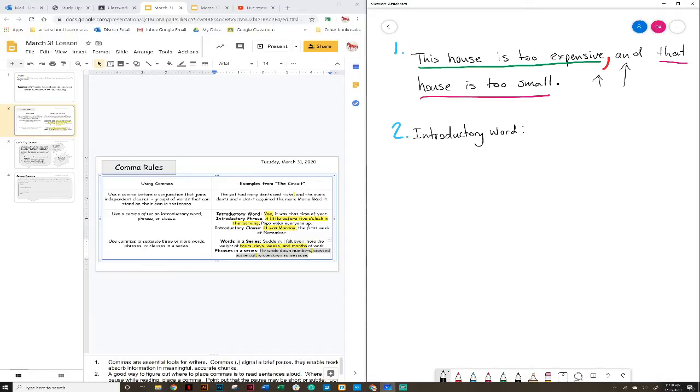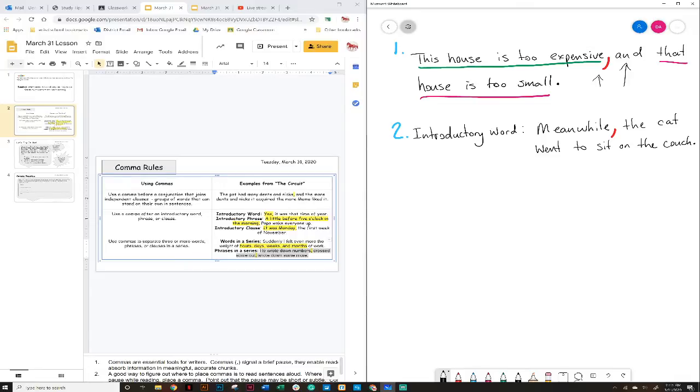So one example that we could do: Meanwhile, comma, the cat went to sit on the couch, period.